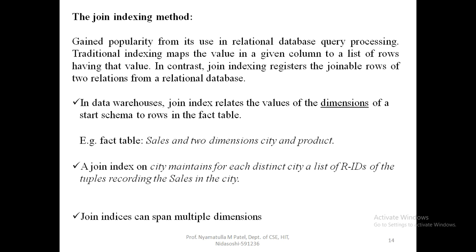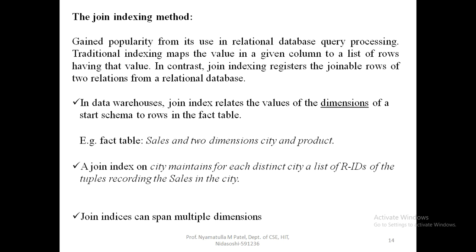You have RID of A and S, B equal to SID. Hence, the join index records can identify joinable tuples without performing costly join operations.